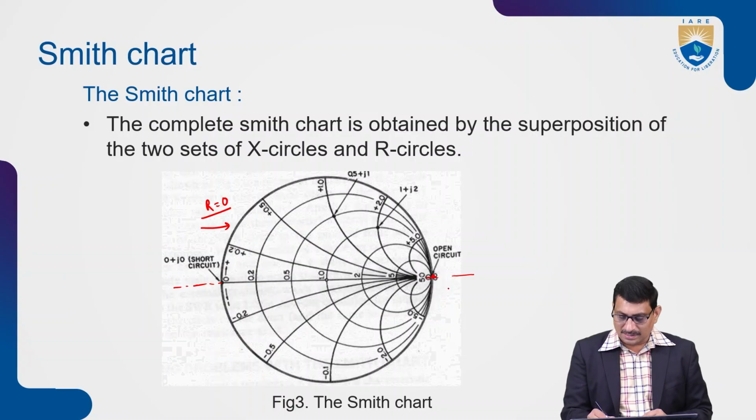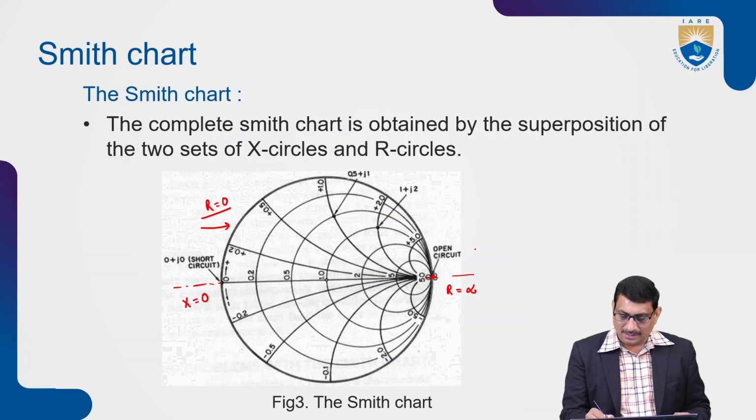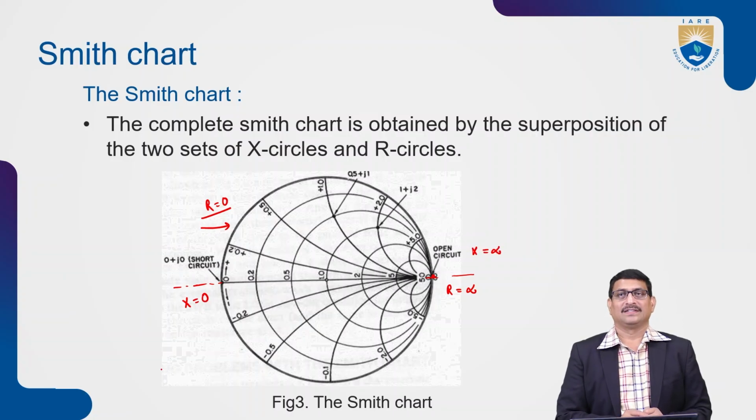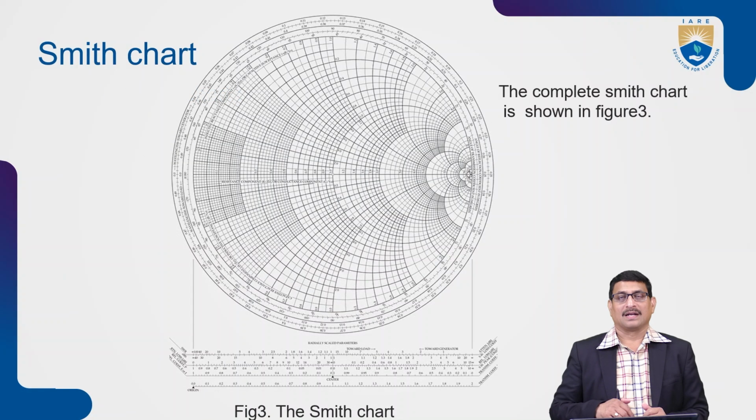So on the right hand side it is R is equal to infinity, and on the left hand side it is R is equal to 0. Similarly, X is equal to 0 on the left hand side, and on the right hand side it is X is equal to infinity. So this is about how the complete Smith chart is obtained and how it looks.